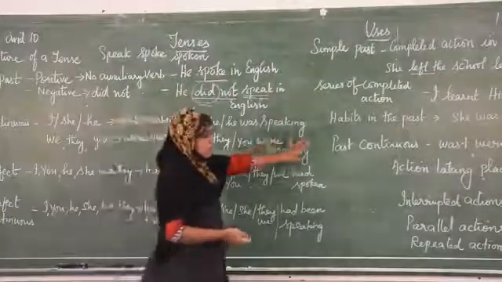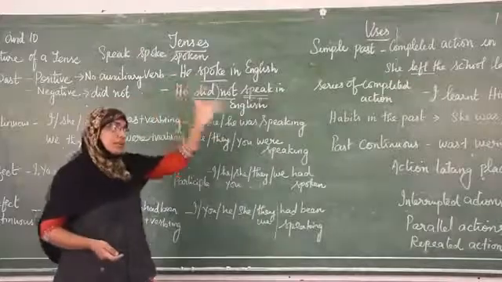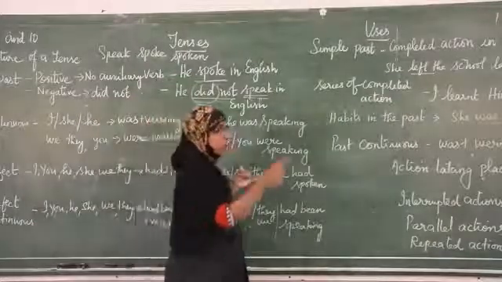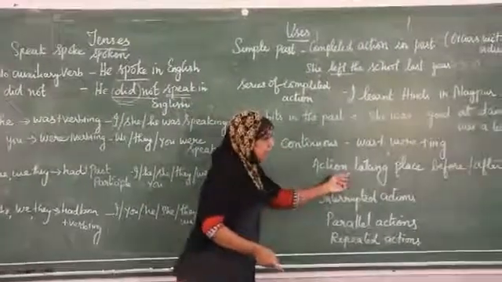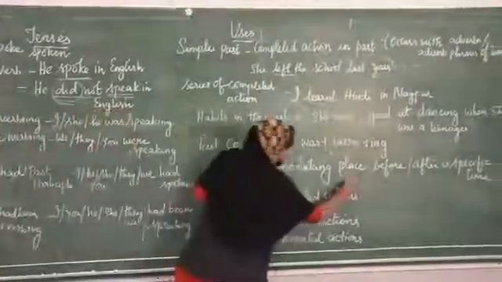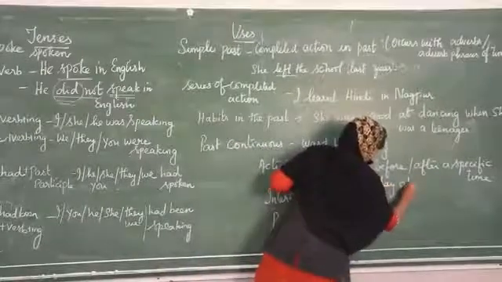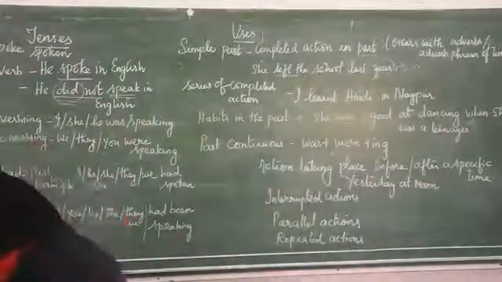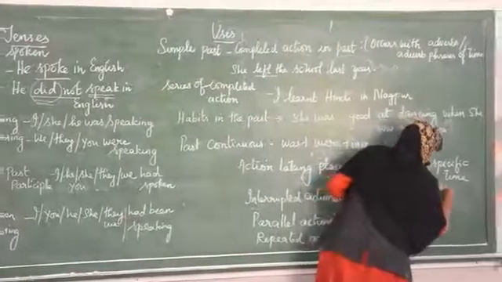Now, what is the past continuous? Past continuous refers to an action which was going on in the past. Sometimes the time may or may not be mentioned. First, when it is used for an action taking place before or after a specific time, for example, yesterday at noon, I was eating lunch.